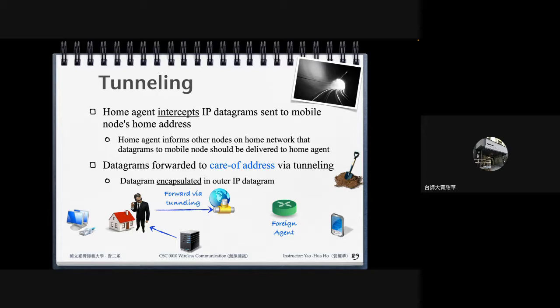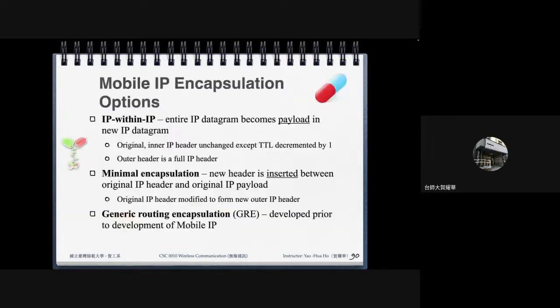Tunneling is the one that encapsulates with the outer IP and sends it to a foreign agent or to a foreign network. From the foreign network, it is forwarded to the mobile device. The mobile device will unwrap it to get the original message from the IP datagram to the data itself. So the encapsulation for mobile IP is this.